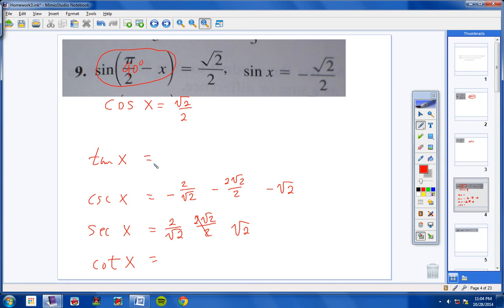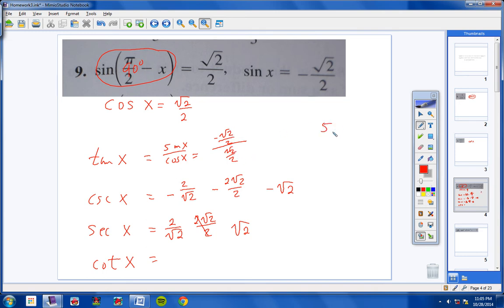Now tangent, as we know, is sine over cosine. Okay, so sine of x is negative square root of 2 over 2, and cosine of x is square root of 2 over 2. Now guys, come on, think about it. We have the same thing over the same thing.